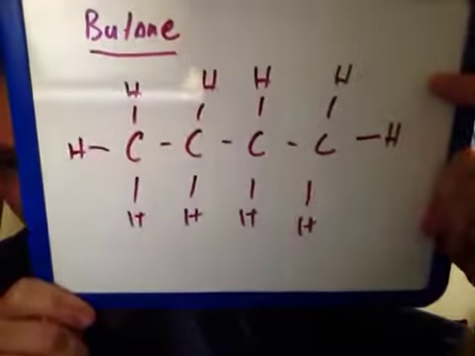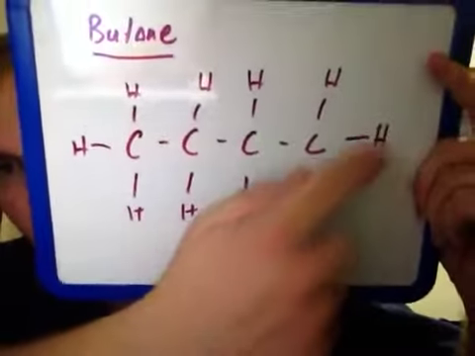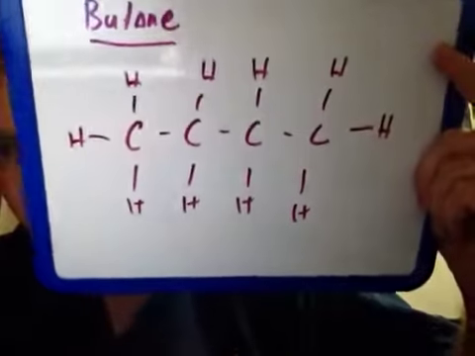Butane has, you guessed it, 4 carbons, and all single covalent bonds, because we are talking about an alkane. So the butane molecule will look something like this. I'll draw that. So C4H, 1, 2, 3, 4, 5, 6, 7, 8, 9, 10, C4H10.